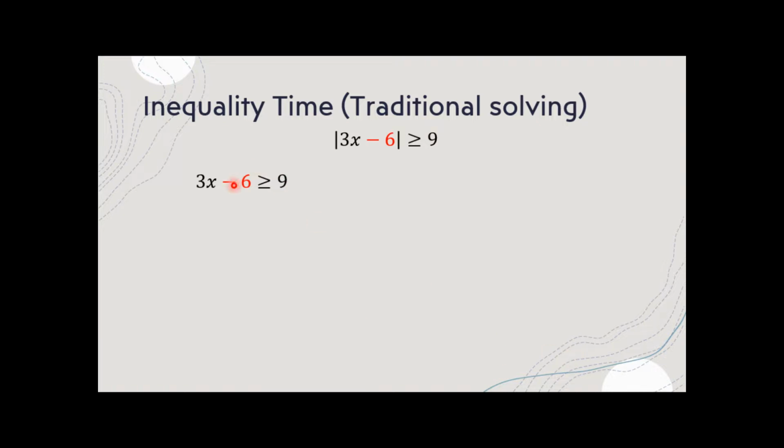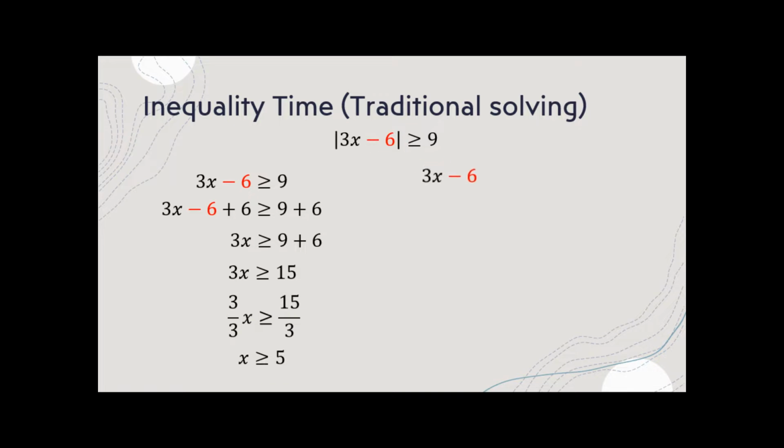It's probably best to move the 6 over, that way we have to multiply and divide fewer terms, so let's do that. We're going to add 6 to both sides. By doing that, we can cancel, and 9 plus 6 reduces to 15. Now we're going to divide by that 3. We're going to be able to cancel and reduce. 15 divided by 3 gets us 5.